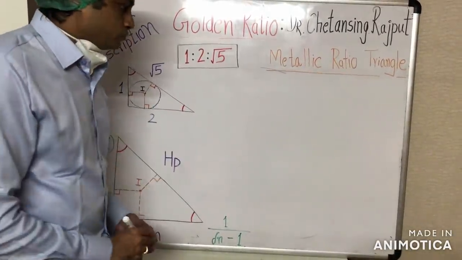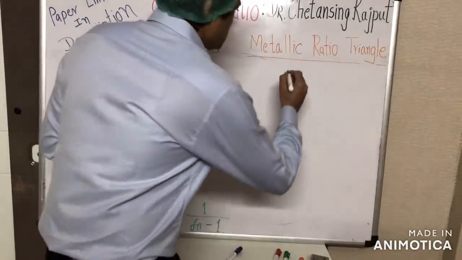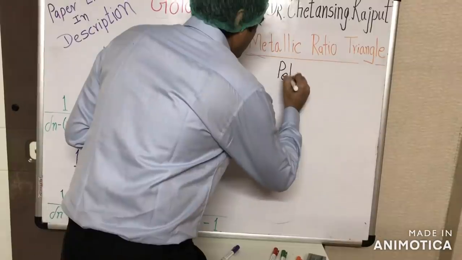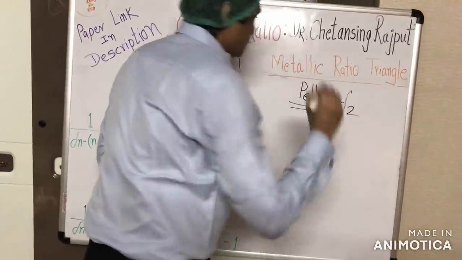See the analogy. Just like that, if we derive Pythagorean triples using Pell numbers, this Pell number sequence is closely associated with silver ratio.